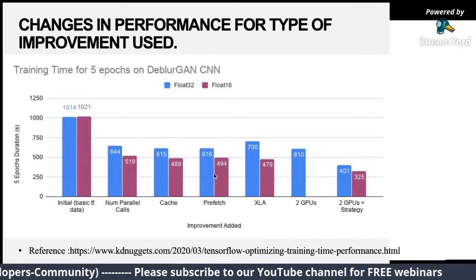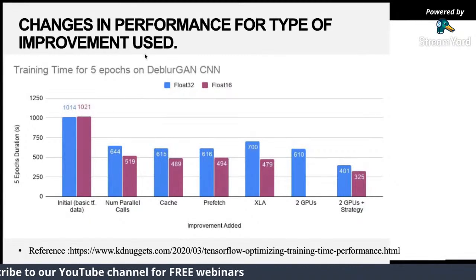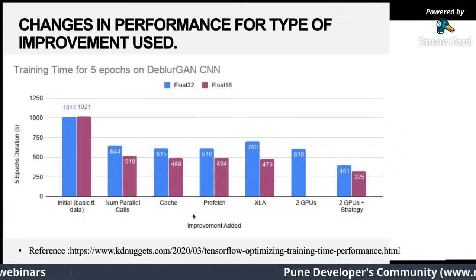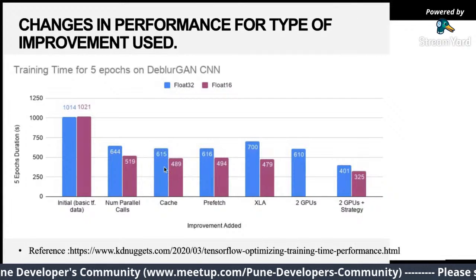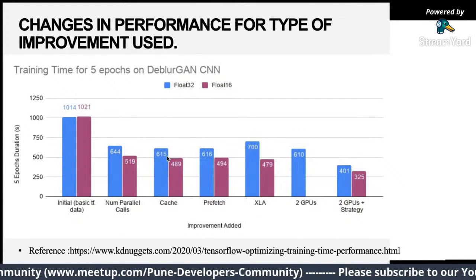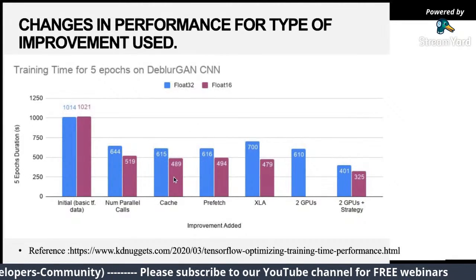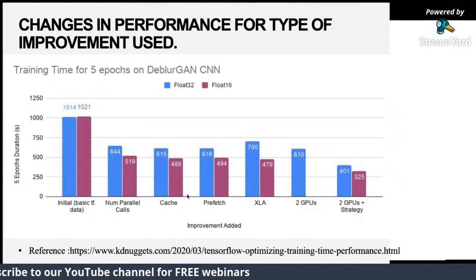Then what happens if you cache the data? The author cached all the data using tf.cache. The training time was significantly reduced from 1014 to 615 seconds for 5 epochs, just because the data set was cached. And for float 16, obviously we see a little less time if you're doing some prefetching.